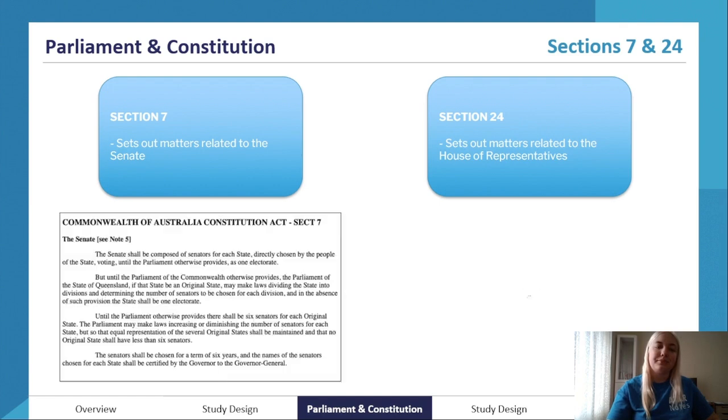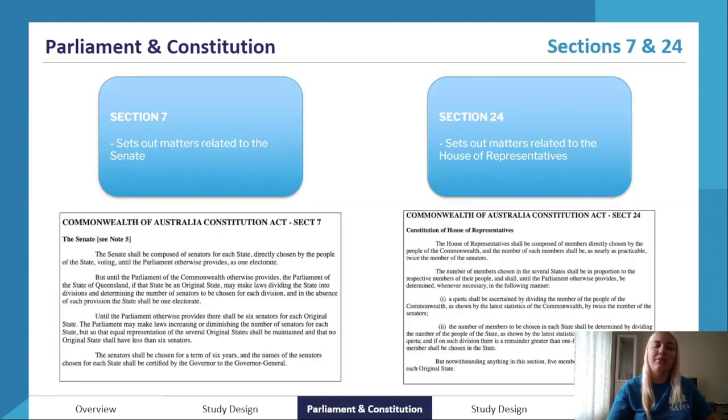Okay. So lastly, just a couple of sections of the Constitution for you. Now we're going to be looking at the High Court cases relating to state and Commonwealth lawmaking powers. Remember, you just need to know one example, but out of interest, we'll look at a few more. I've just got section 7 and 24 here because they relate to the next case we're going to look at.